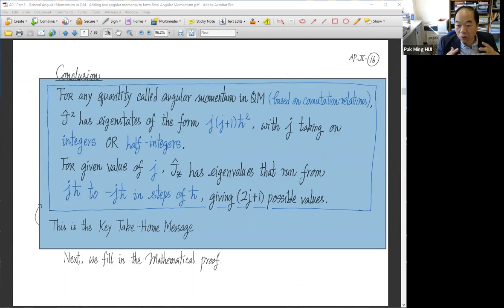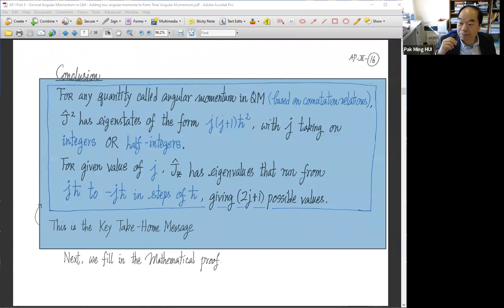Now, I hope that you already see what we are going to get. The results are very common, right? You have seen it in orbital angular momentum, but orbital angular momentum takes on integer J. L equals 1 is a P state, L equals 2 is a D state.